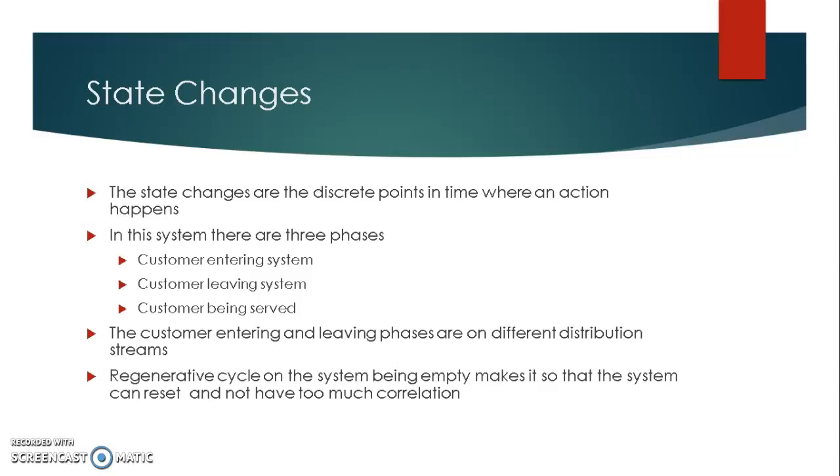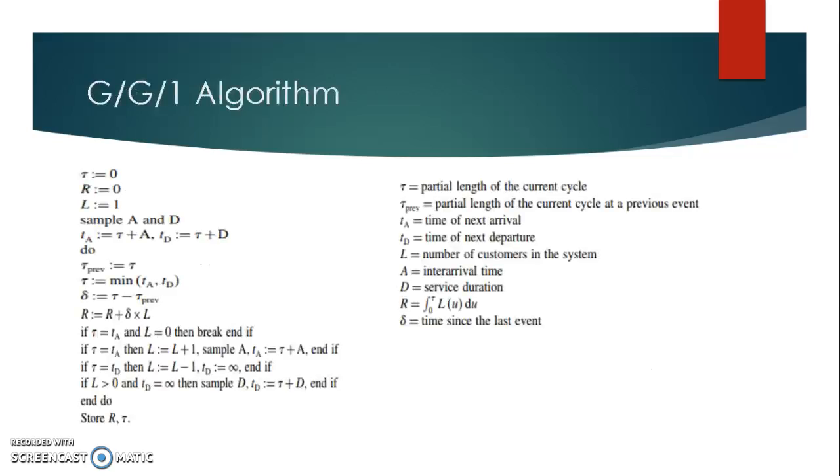And lastly, there is a regenerative cycle. Whenever the system is empty, it resets so that we don't have too much correlation. When the system is empty and the line is empty, so nothing is happening in the system, it refreshes the random seed for both of the distributions and resets all of the values.